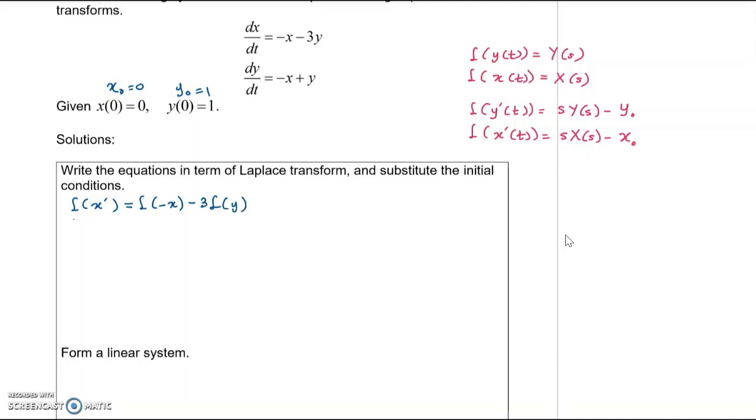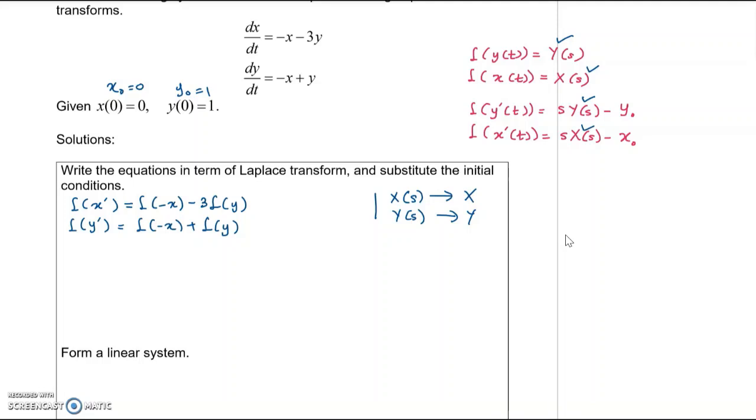And for the second equation, we have the Laplace of y prime equals the Laplace of negative x plus Laplace of y at the right hand side. For simplicity, I will denote capital X and capital Y by just x and y.